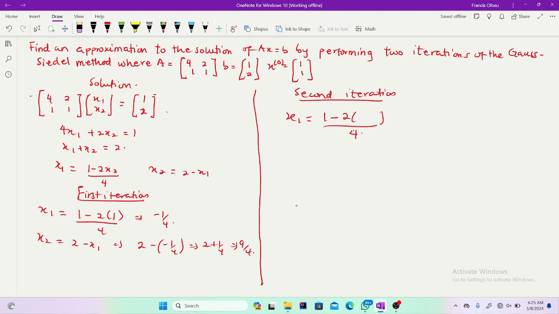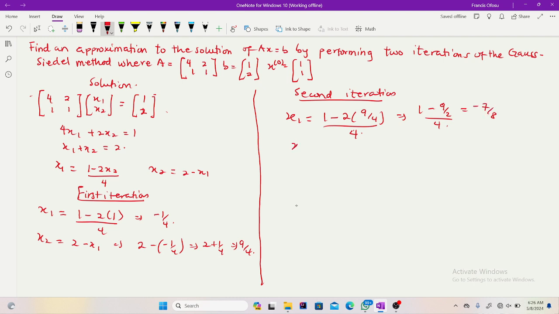So this is 1 minus 9 over 2, all over 4. Now what am I getting? 1 minus 4.5 all over 4, which is negative 7 over 8. I'm getting x1 to be negative 7 over 8.